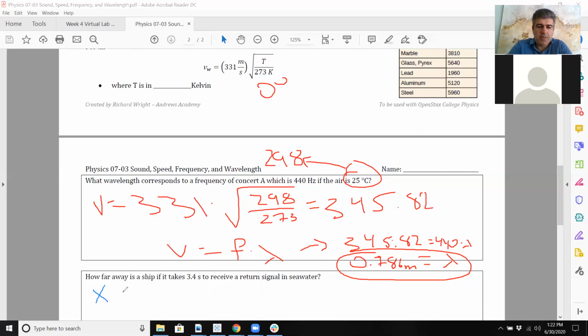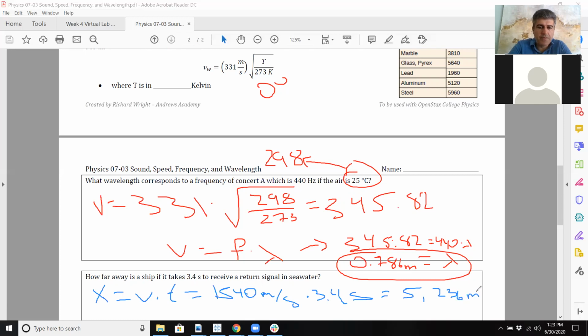Your displacement, your position, is velocity times time. So your velocity is going to be 1540 meters per second, mind you, times 3.4 seconds. And it should be about 5,236 meters.